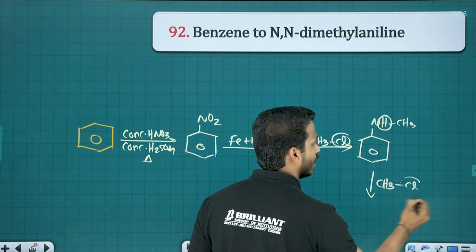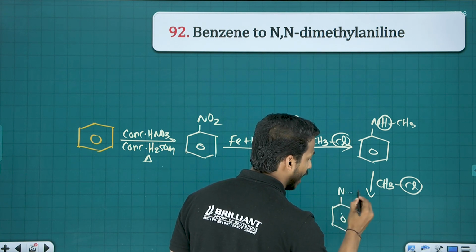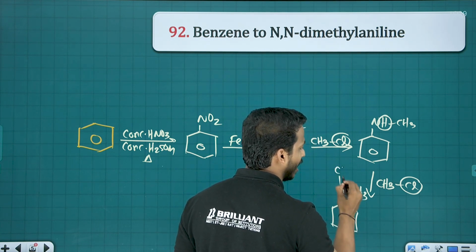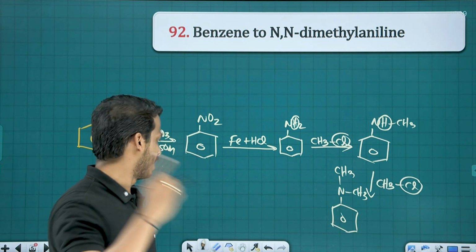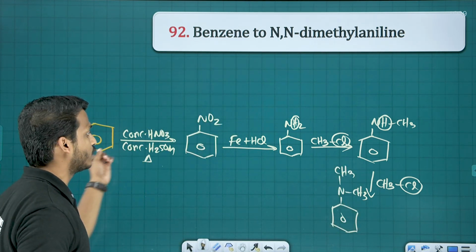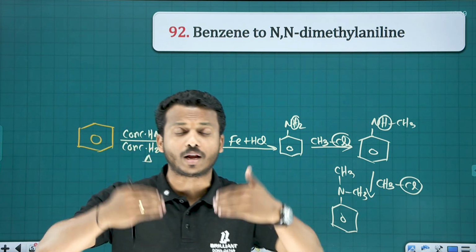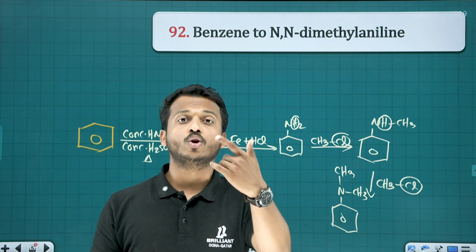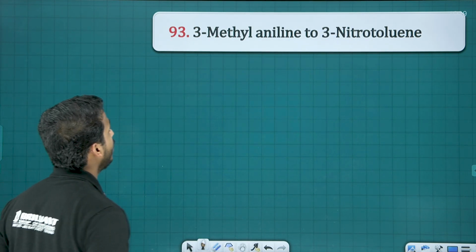Again HCl goes out, and the CH3 comes to the nitrogen. You will get N,N-dimethylaniline. Clear? That's the way we convert benzene to N,N-dimethylaniline. So on aniline, if you want to bring more alkyl groups, use the ammonolysis process.